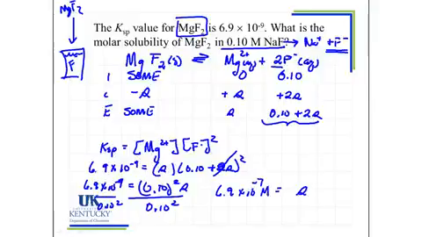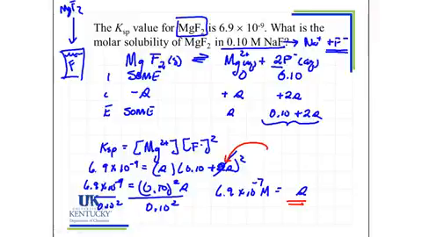Let's verify that this was a good assumption. If I double that number and add it to 0.10, is it still 0.10? Certainly. So that was a good assumption, and that is the molar solubility of magnesium fluoride in the solution already containing a common ion.